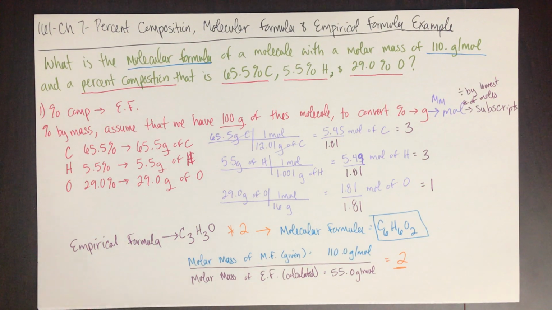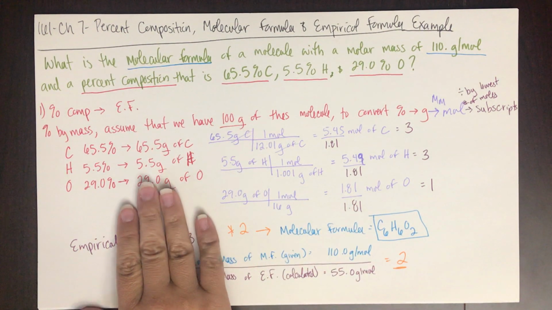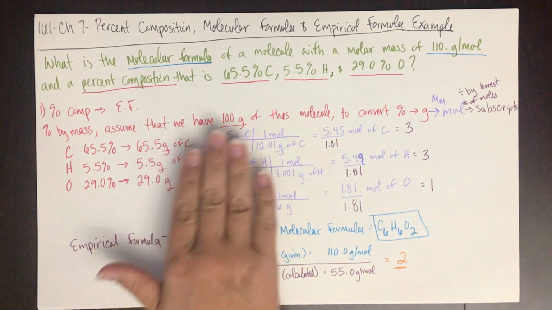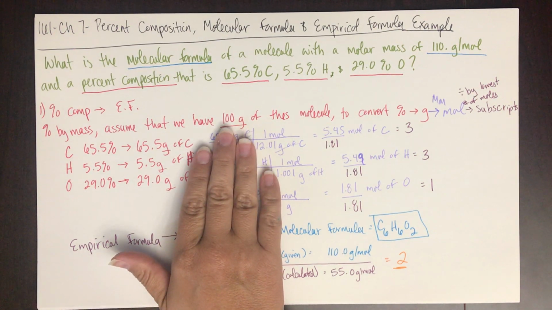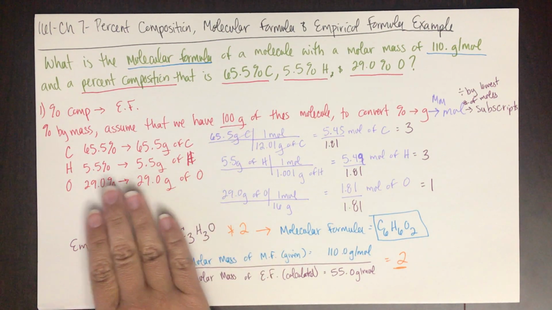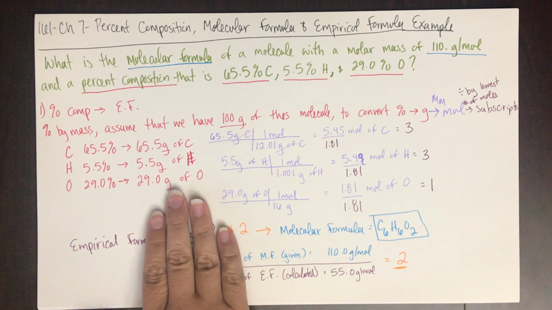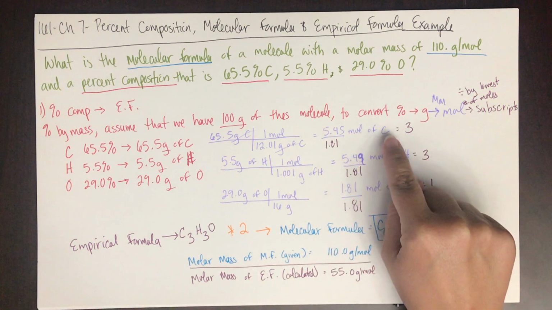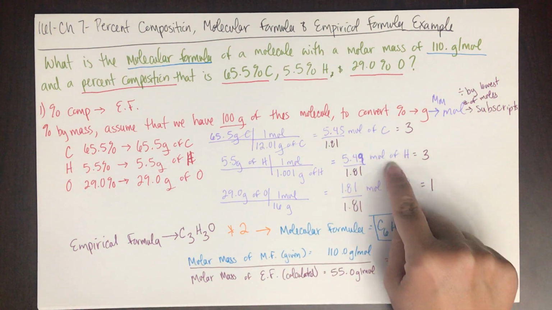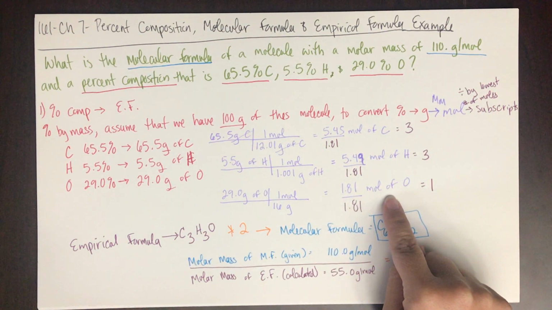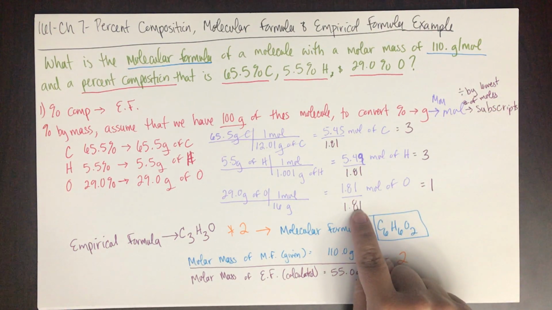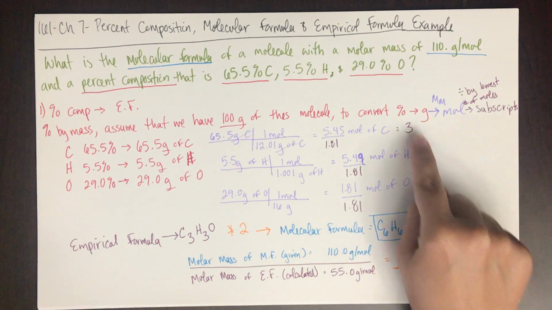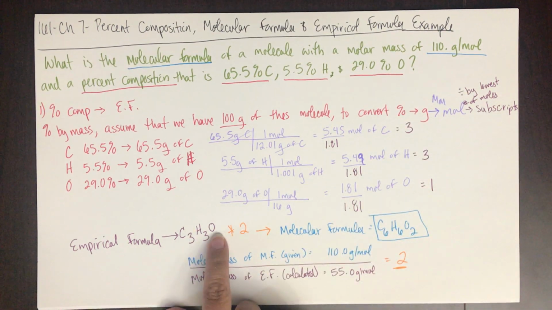So you will be given percent compositions in percents. You will assume 100 grams so that you can convert percents to grams. You will use the molar mass of each of the elements individually to see what the mole ratio of all of the elements in the molecule are. You will divide by the fewest number of moles to get the subscript for the elements in the molecule.